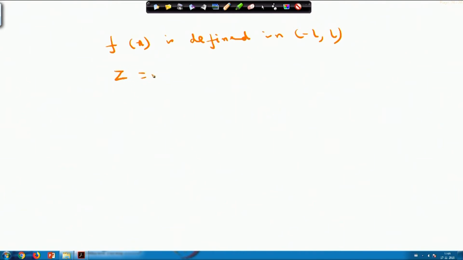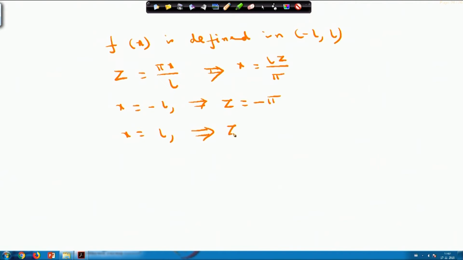Since f(x) is defined in minus L to L, to match with the earlier things, we are assuming z equals pi x by L. So from this you can write x equals L z by pi. And as x equals minus L, z will be minus pi, and whenever x equals L, z equals pi.